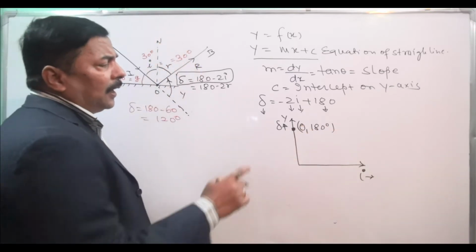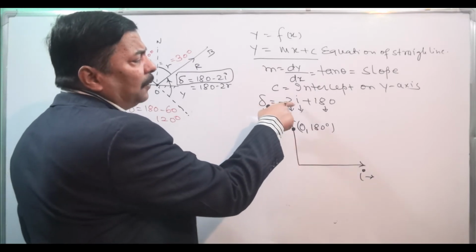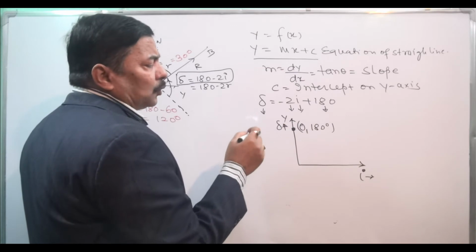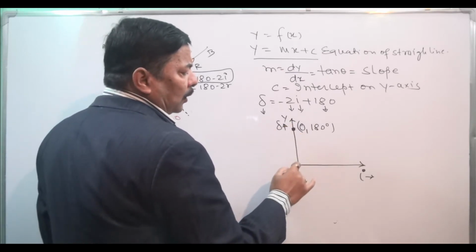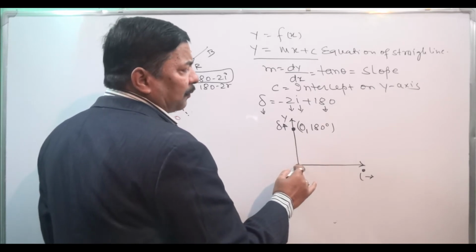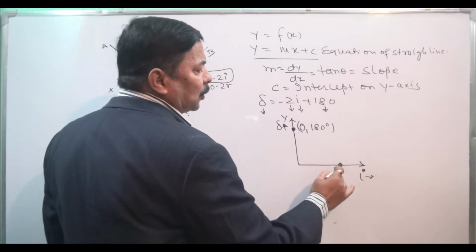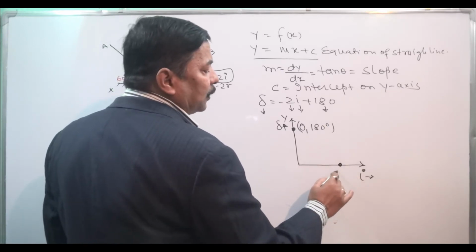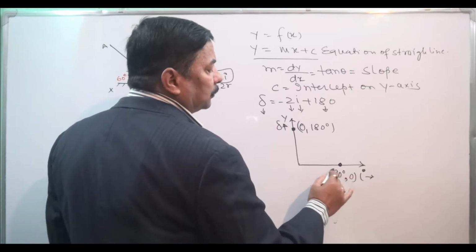If I take delta equal to 0, then I will be 90 degree. So when delta is 0, what is the value of I? I is equal to 90 degrees. Suppose it is your 90 degree. So this point is giving you 90 degree and 0.